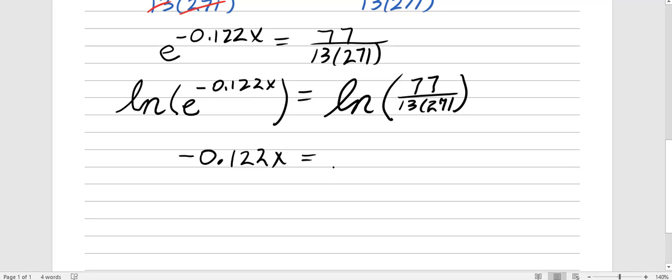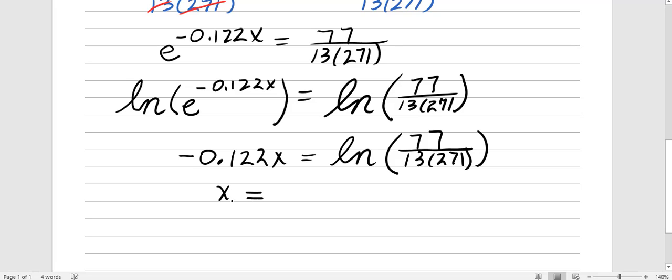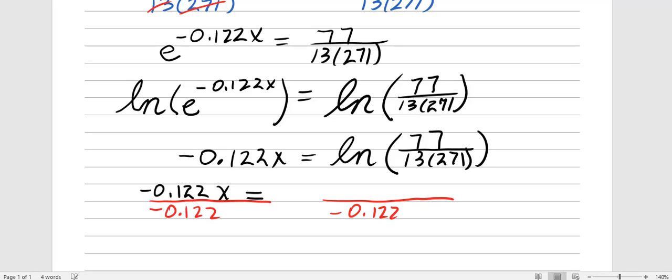So I've completely eliminated the exponential on the left by applying the logarithm. But whatever I do to that left side, I have to also do to the right side. And now all I need to do to solve for x is to divide by this coefficient, negative 0.122. I think I may have said something else earlier. So I'm dividing by that on both sides of the equation.